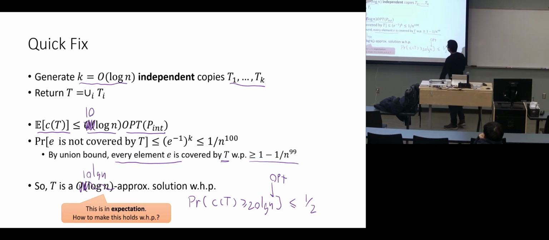Because now you get that it will not be more than 20 log n by Markov, with probability half. Now you make log n copies and take the minimum one. Then you make it work with high probability.